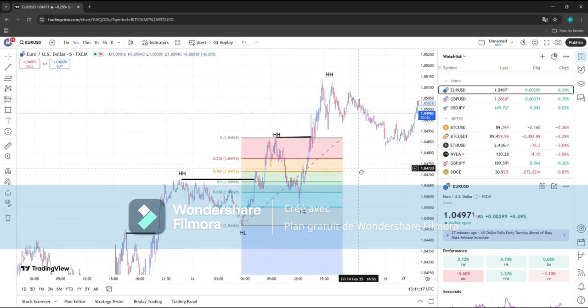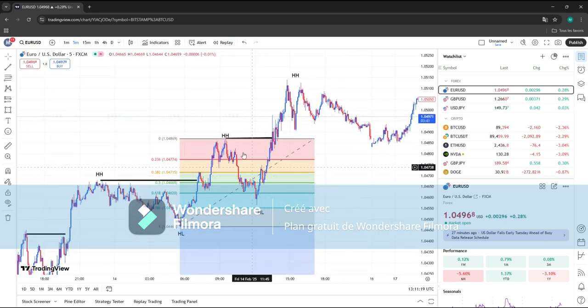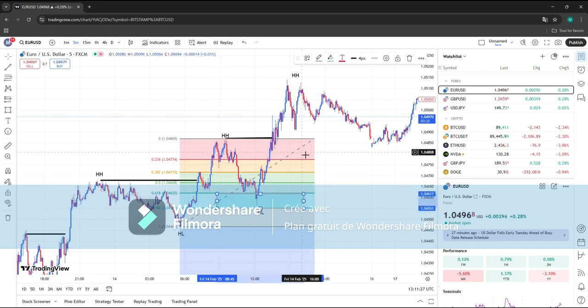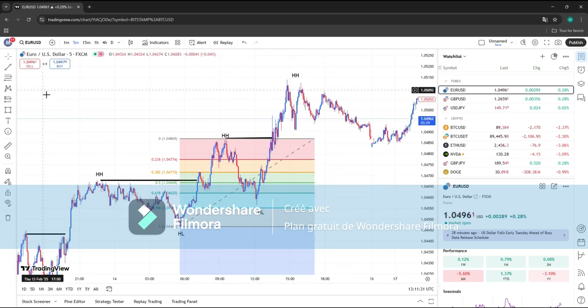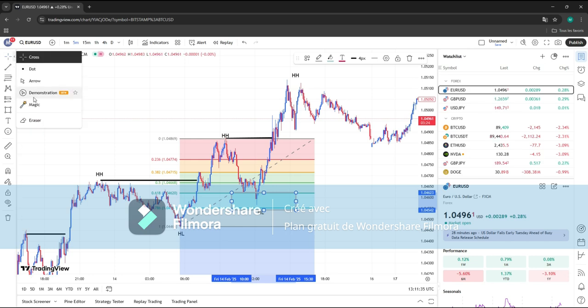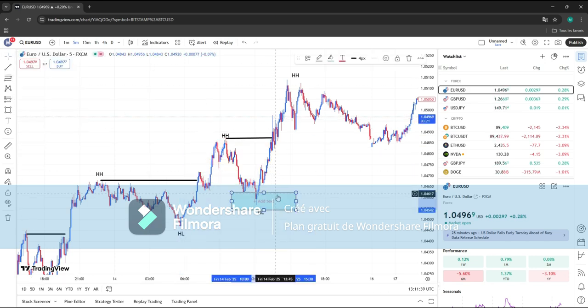This structure has touched this golden zone right here, and we name it a golden zone.